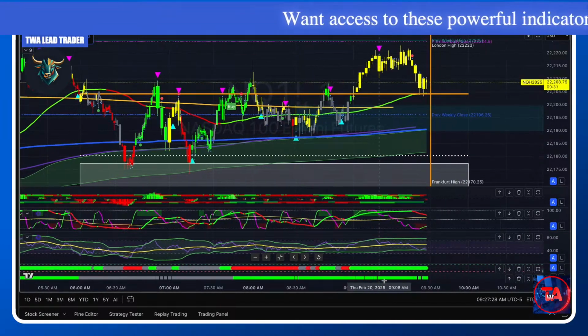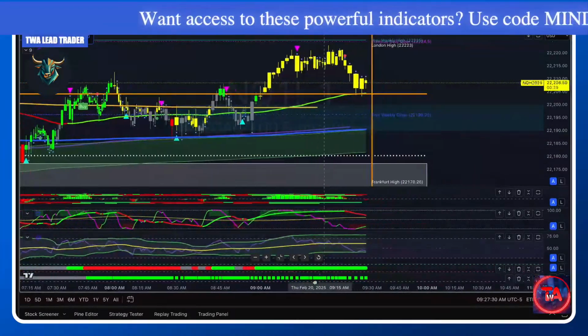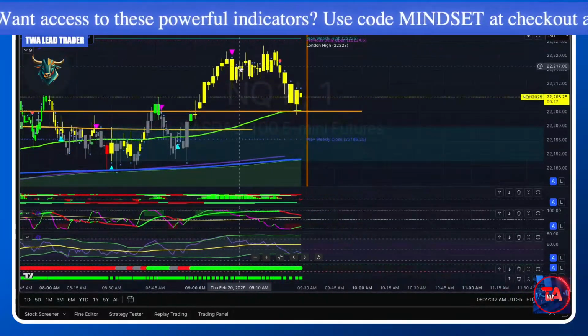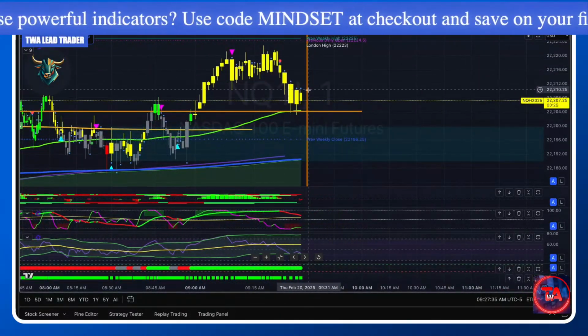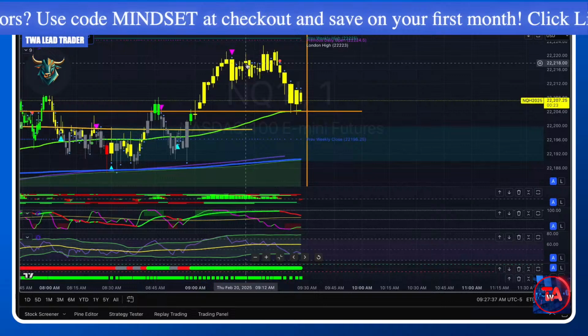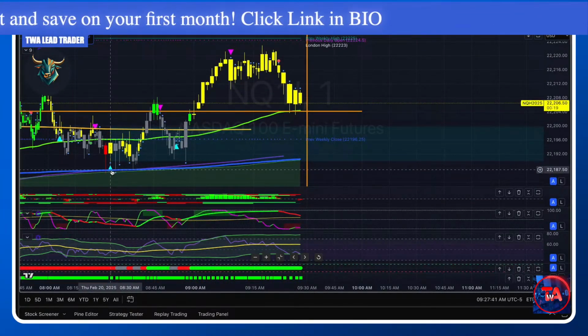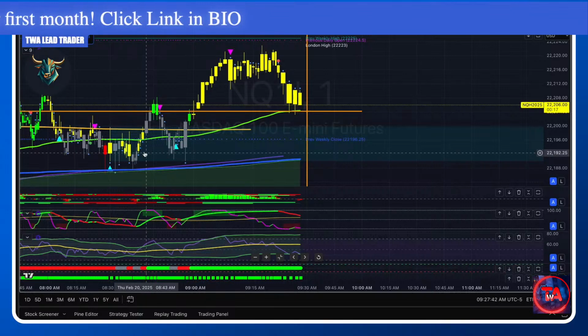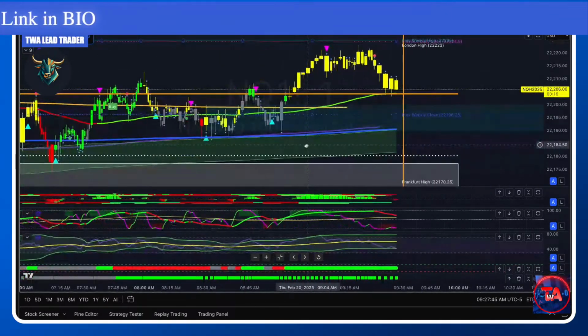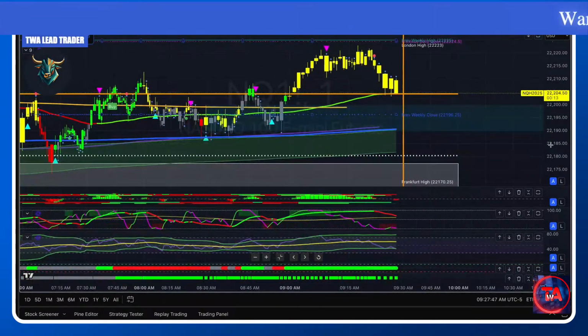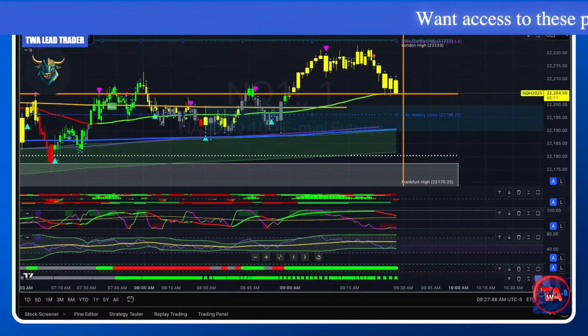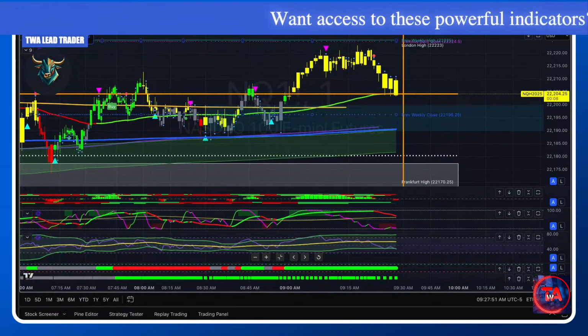Hold on, let me zoom in a little bit. If you look closely, we have these blue dots up top of the candles as well. This is another signal to look short. You see the blue dots on the bottom around this blue arrow. That's another signal to go long. So today we're just gonna focus on these trigger entries and this indicator. I'm gonna call out trades based off this right here.